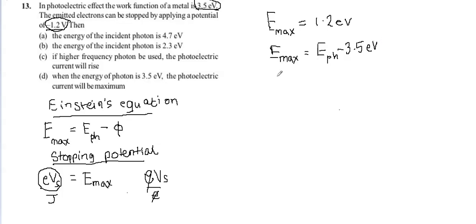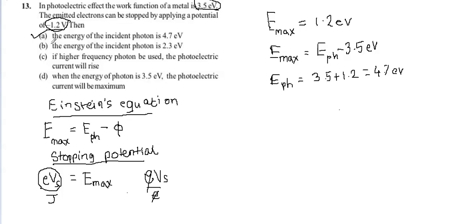If you subtract these two equations, then what you get is the energy of the photon is equal to 3.5 plus 1.2, that's equal to 4.7 electron volt. So if we look for the options, we have an option here, energy of the incident photon is 4.7 electron volts. So that will be the correct option.